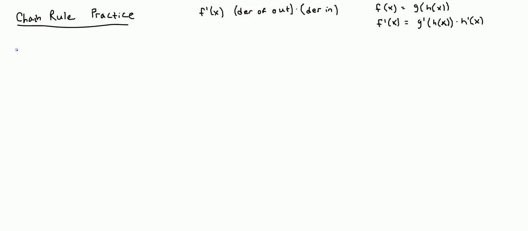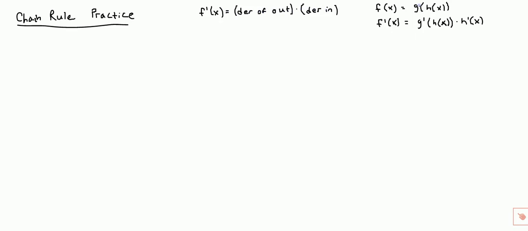In this video, we're going to practice the chain rule. Remember that when you think of the chain rule, you want to think about the derivative of a function equaling the derivative of the outside times the derivative of the inside. So derivative of out times derivative of in.